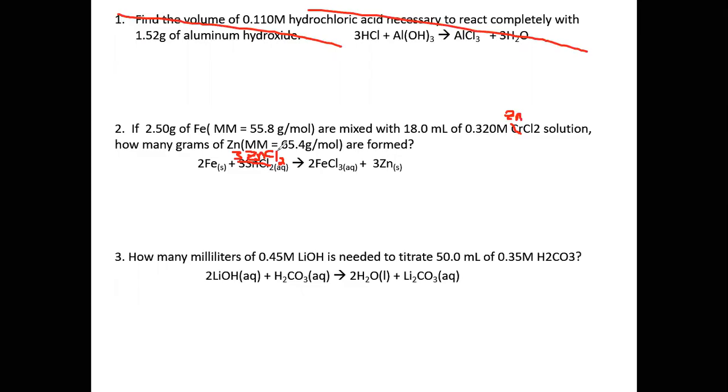We're going to determine the moles of zinc produced by iron and the moles of zinc produced by the zinc chloride solution. So we have to determine which one is the limiting reactant. We're going to do two sets of calculations.